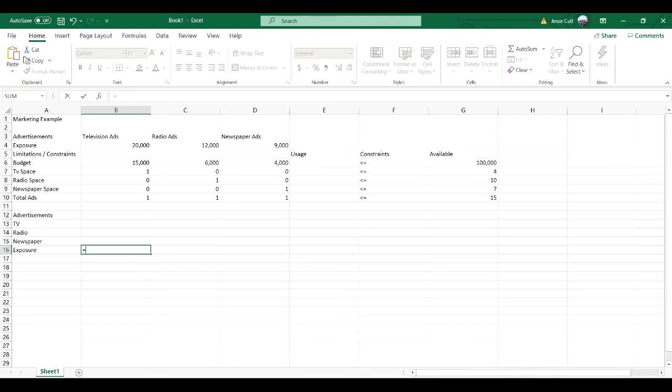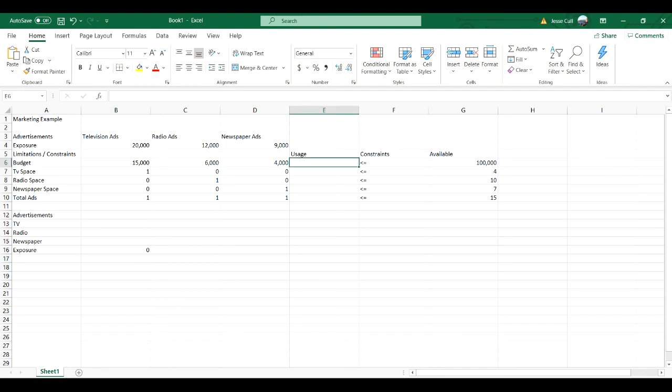And the last one, newspaper, is the amount of exposure times the amount of ads that we buy. So let's do that here. We have exposure, 20,000, times number of ads, plus exposure, 12,000, times number of ads, plus exposure, 9,000, times number of ads. Right now will be 0 because we haven't purchased any ads.